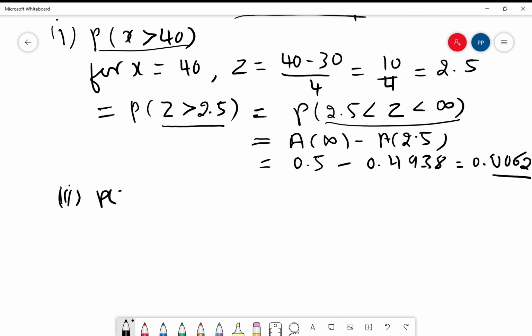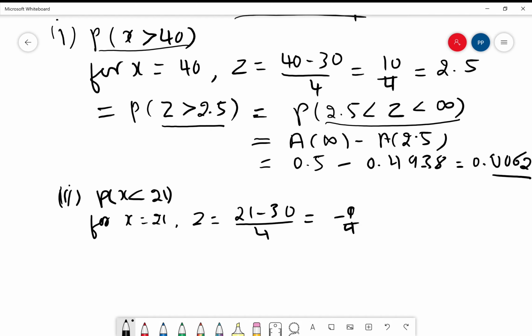Okay, second one, P of x less than 21. Now for x equals 21, we have to find z. For x equals 21, z equals 21 minus 30 by 4, which is minus 9 by 4, which equals minus 2.25.